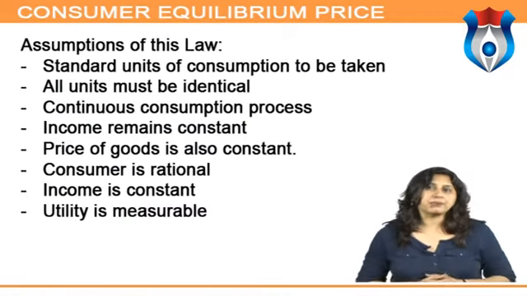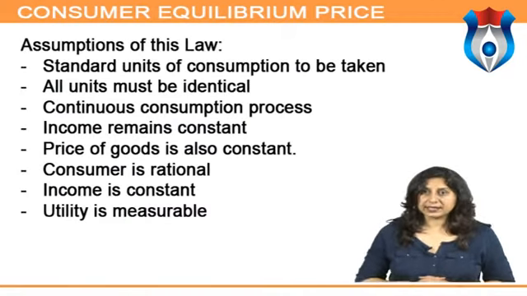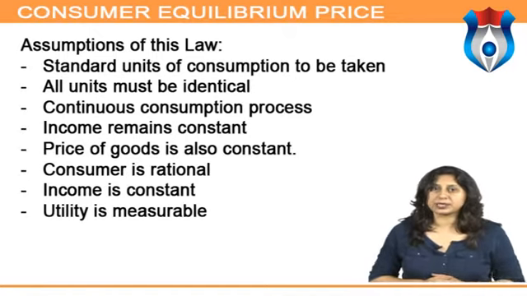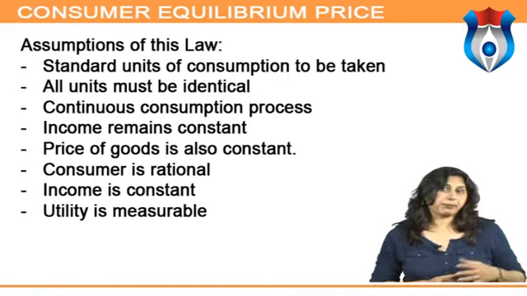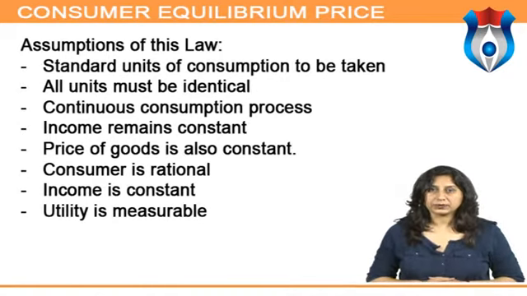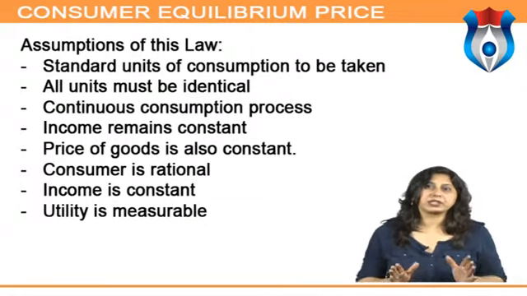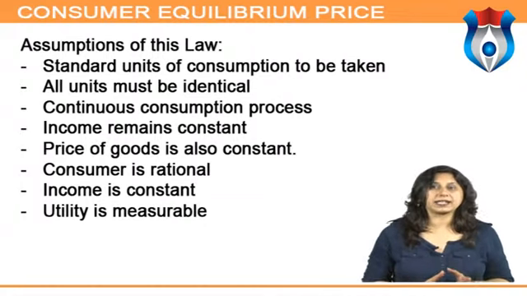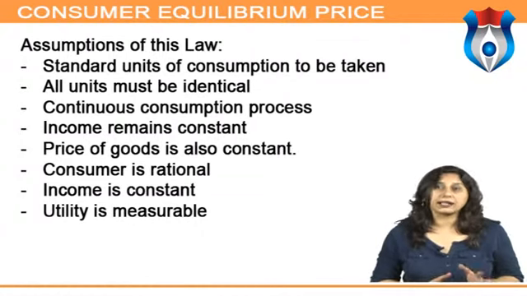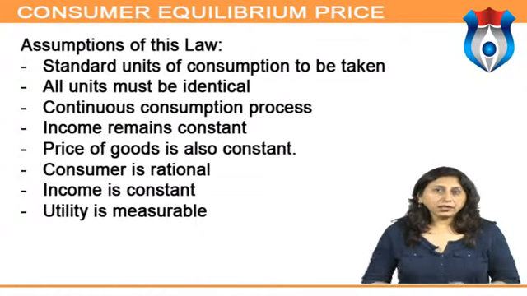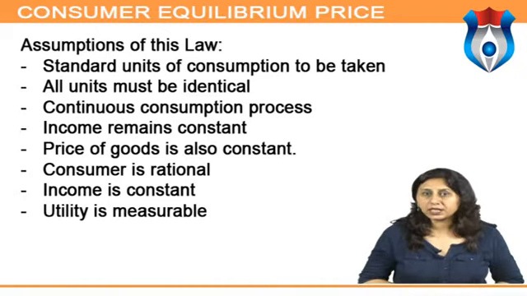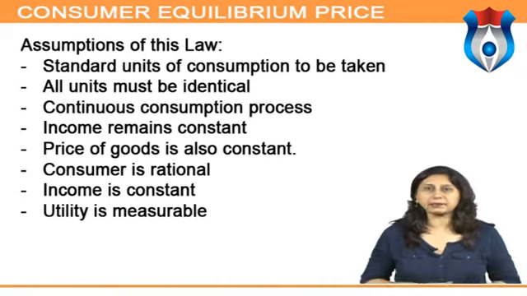There are certain assumptions of this law, such as the units of consumption must be in standard units. Example, a cup of tea, a bottle of cool drink, etc. All the units of the commodity must be identical in all aspects, like taste, quality, color, and size. The law holds good only when the process of consumption continues without any time gap.